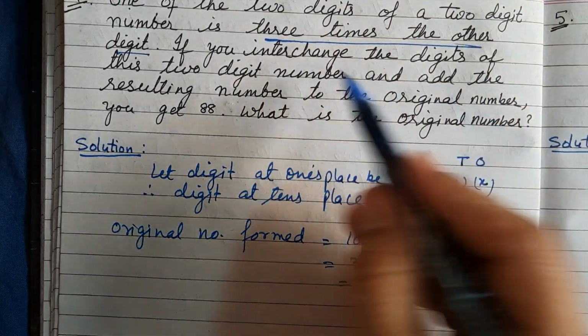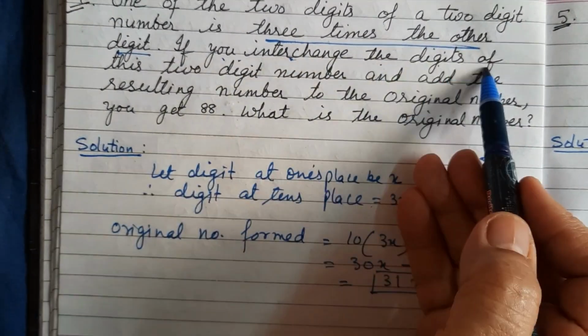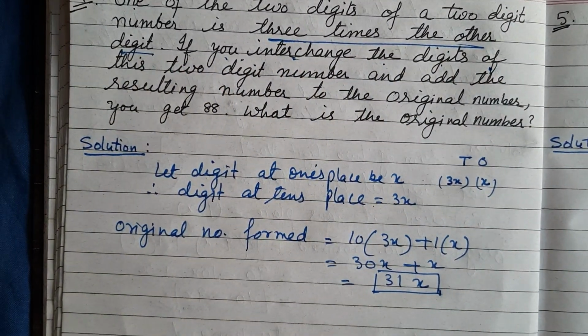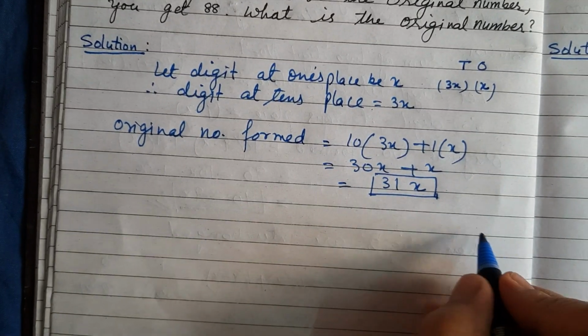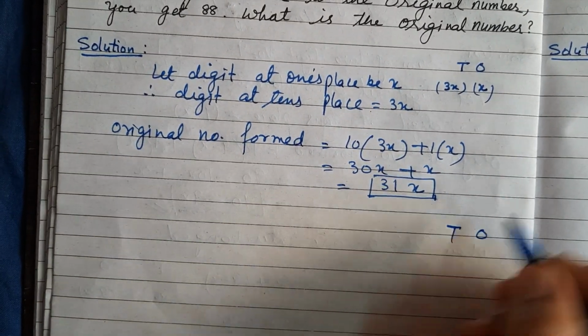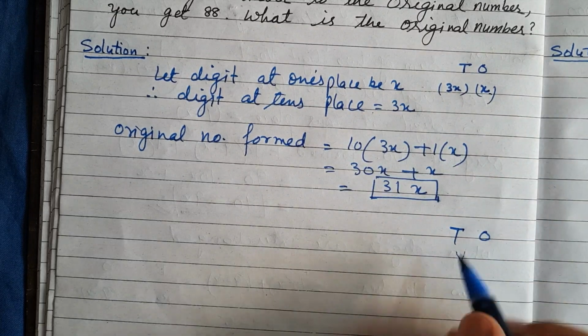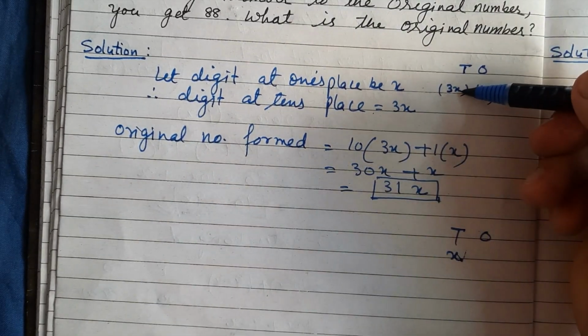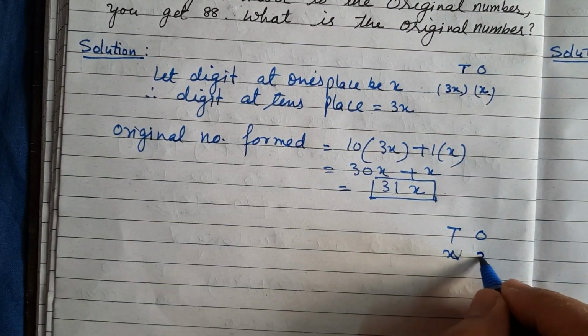Now in the question what is written next? If you interchange the digits of this two-digit number, again in the same way we have to interchange the digits. Now here at ones place x, this will go at tens place. Tens place 3x, this will go at ones place.